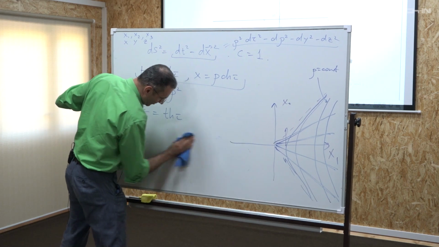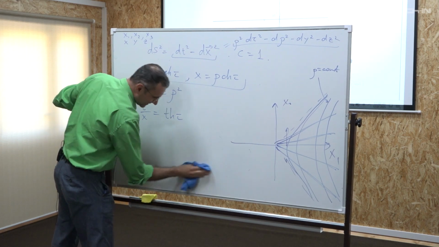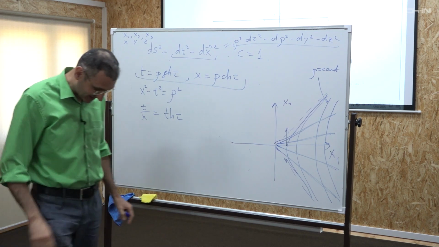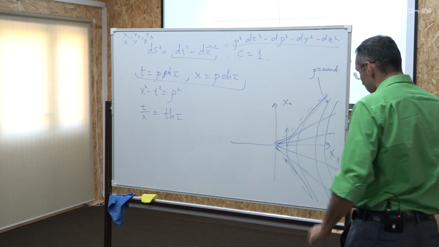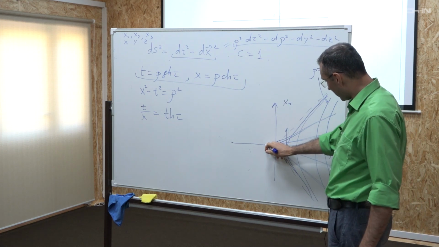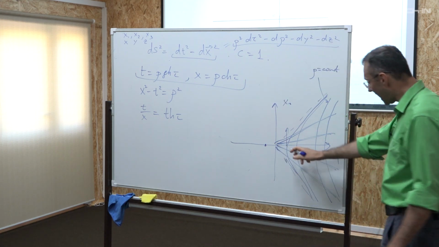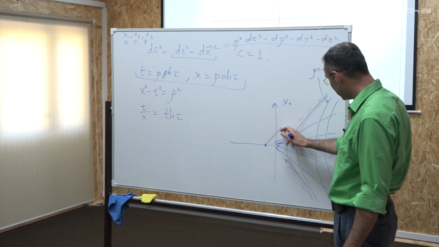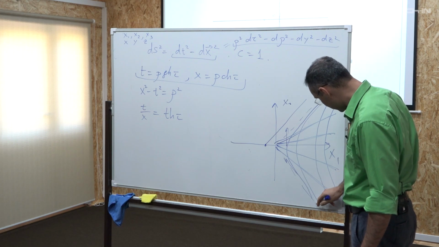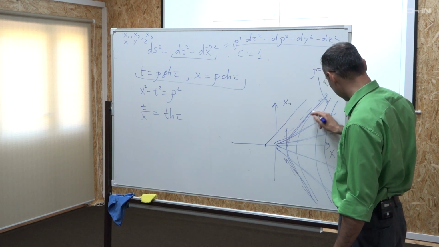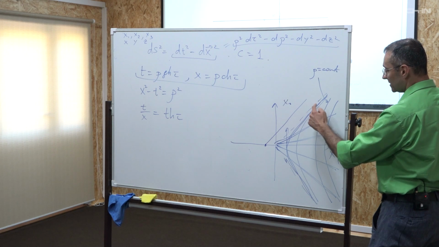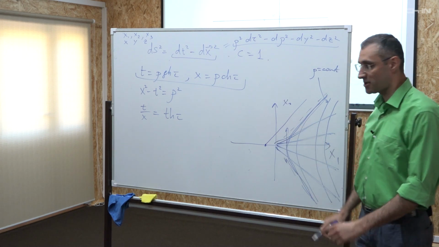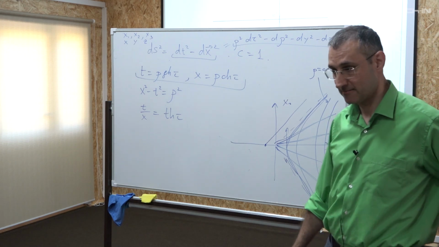Now it has an interesting property. If somebody from behind starts to radiate light to catch up with this particle, this light will never cross this hyperbola, meaning that light will never catch up with such a particle.